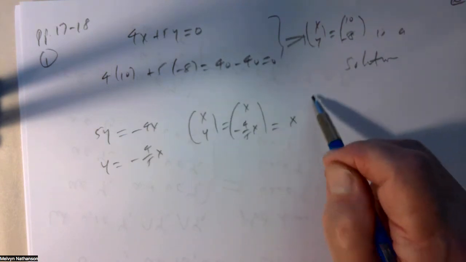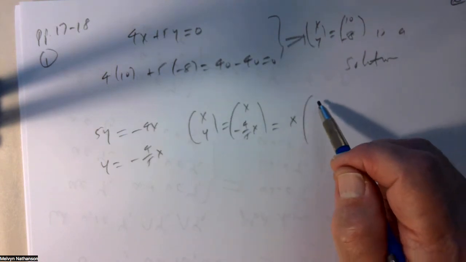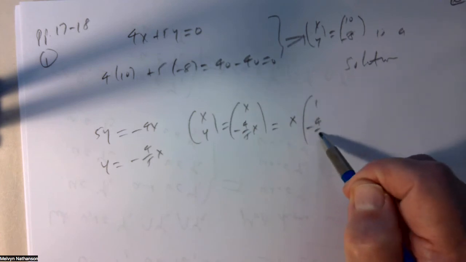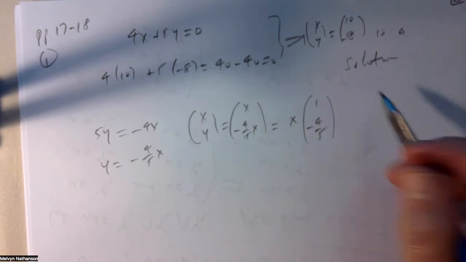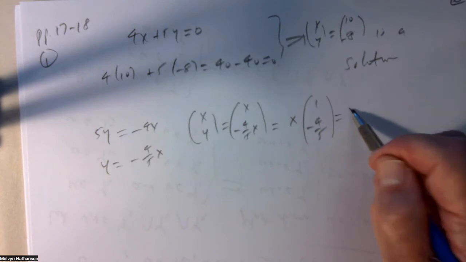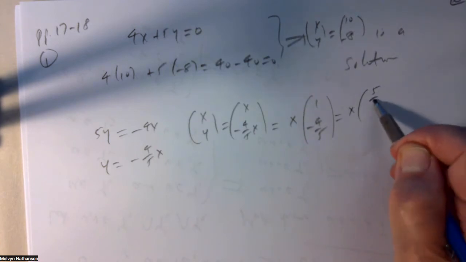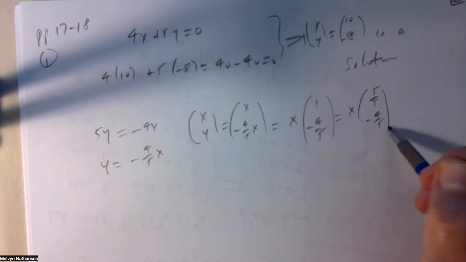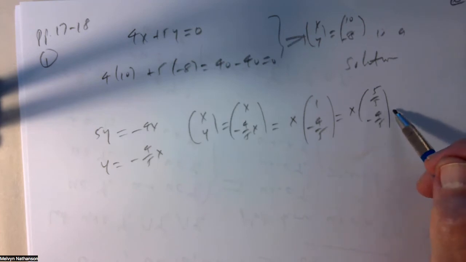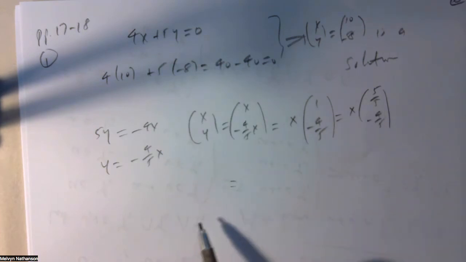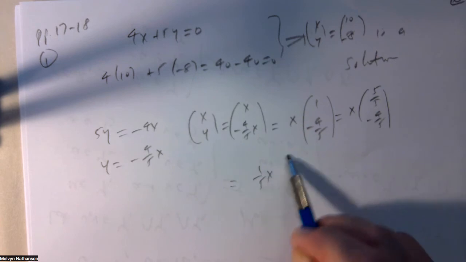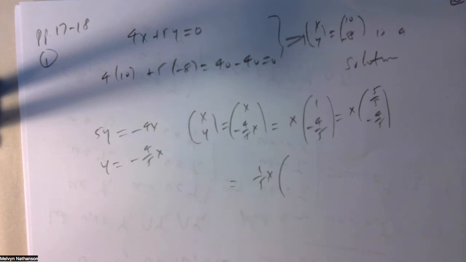So this is x times (1, minus 4/5) for any x. Or I could write this as x times (5/5, minus 4/5) for any x. I could factor out a 1/5 if I like. That's 1/5 x times the vector.